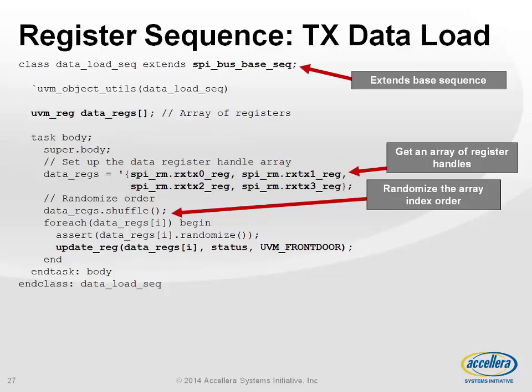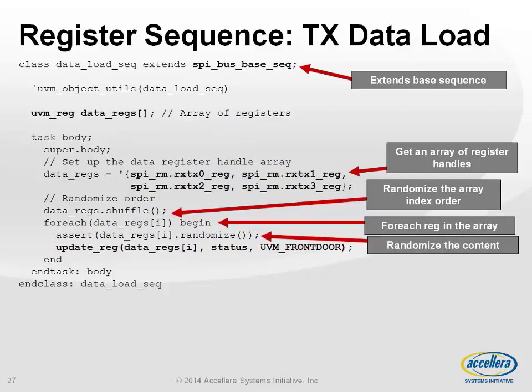So you can randomize the order that we're actually going to do the writes in. And then for each element in that array, we are going to randomize the value, and then we're going to call update register through the front door. So we're actually going to make a transaction occur to update the register in the device based on that value. So whether we do update or write, read, whatever.